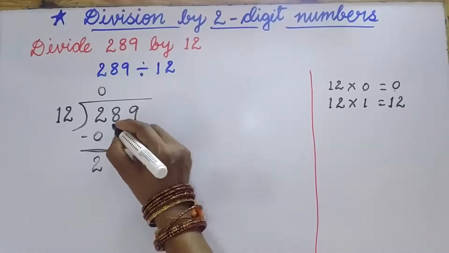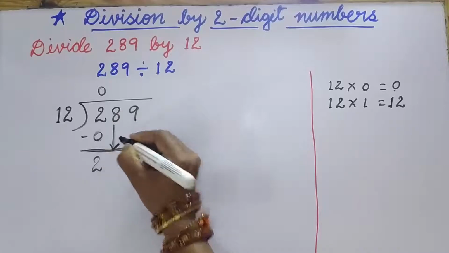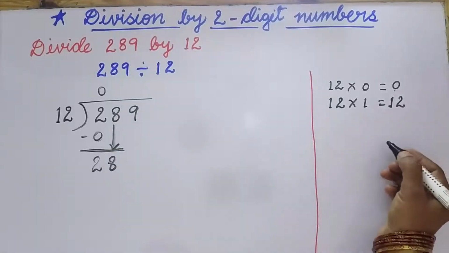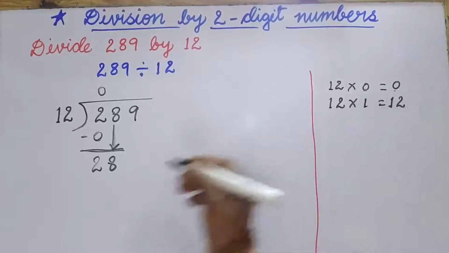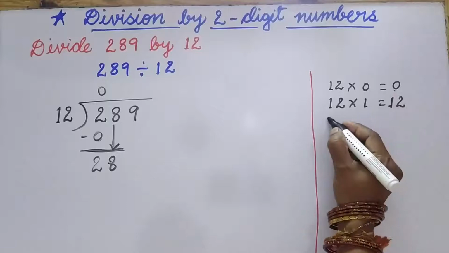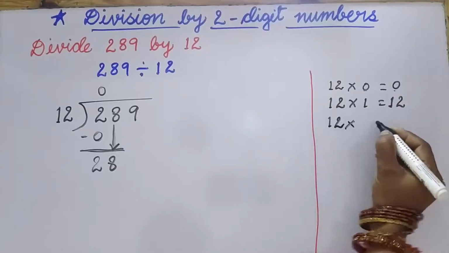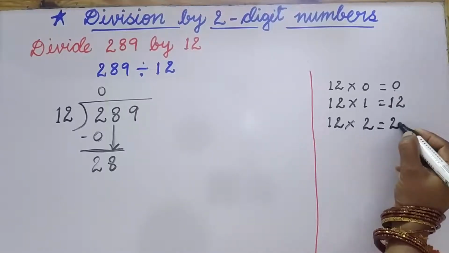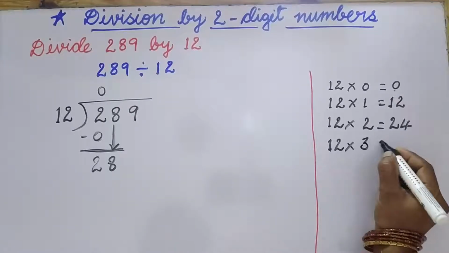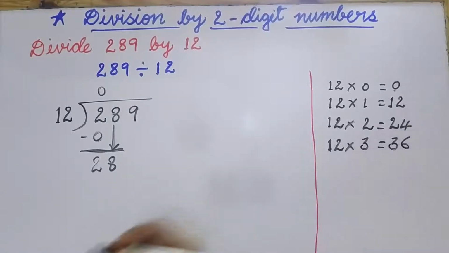We need to take down 8. Alright. Now we need to check in the table of 12. Do we have 28? Let us check. 12 ones are 12. 12 twos are 24. What about 12 threes are 36. What did we get?